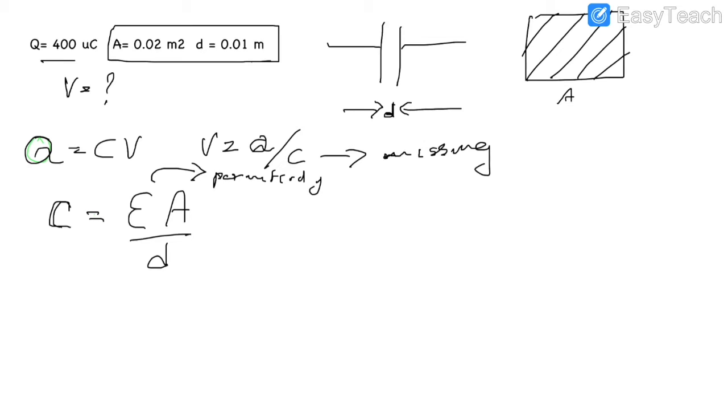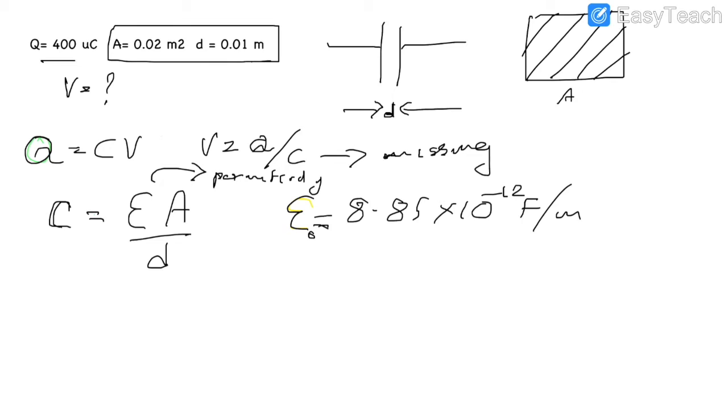In this case, the problem has not said whether it's air or glass, so we can safely assume it's air. And for air, the permittivity is 8.85 times 10 to the power minus 12 farads per meter.